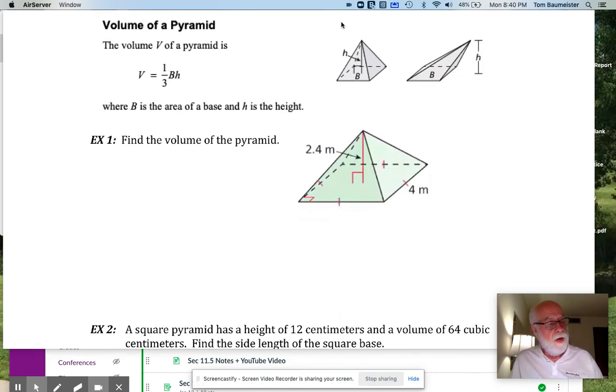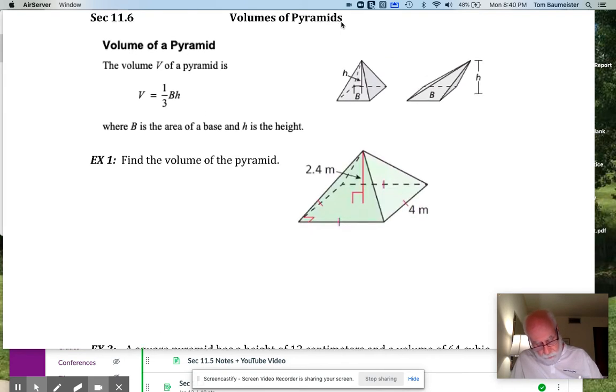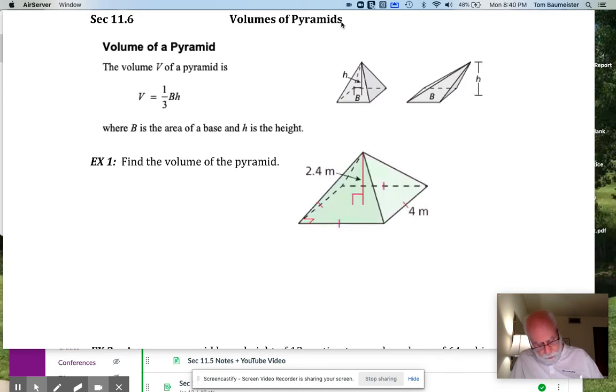Example 1, find the volume of the pyramid. We're just going to use our formula, which is 1/3 capital B, the area of the base, times the height. So we take 1/3, and our base here is 4 times 4, and our height is 2.4.